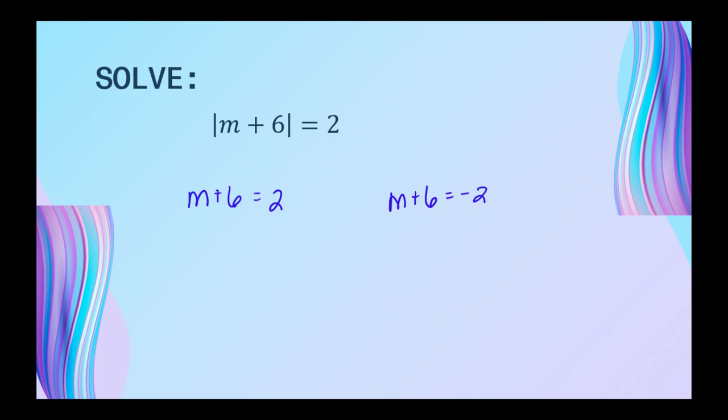And then we just solve. So we're going to subtract 6 for this one. And 2 minus 6 is, of course, equal to -4. And then we're going to subtract 6 over here, and we get -2 minus 6, which is equal to -8. So if I put in -8 or -4 into this equation, I'm going to get an absolute value of 2.